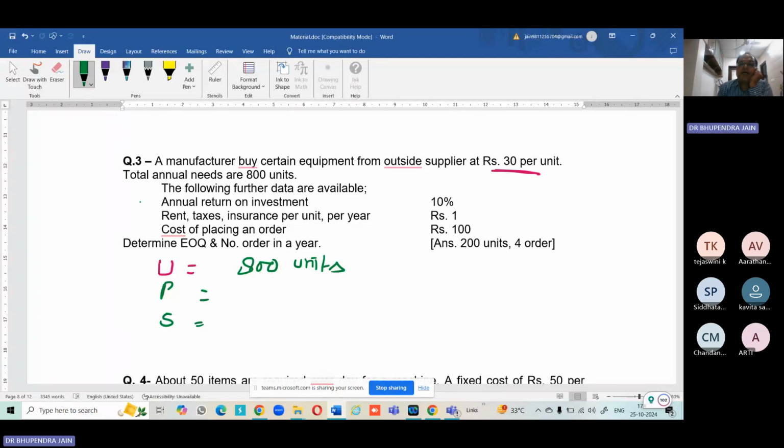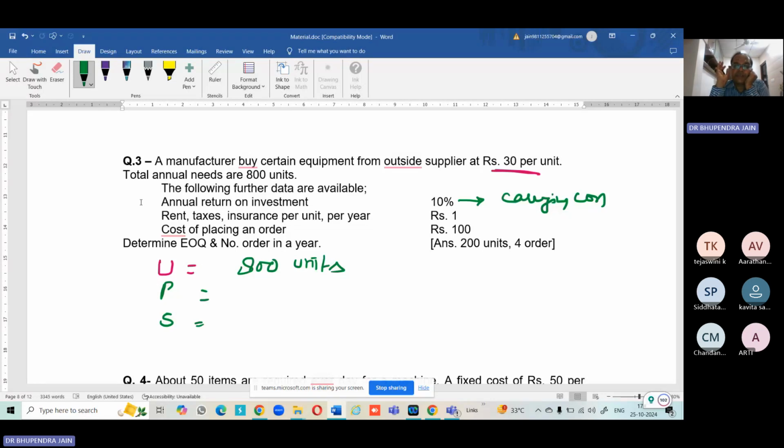The following further data are available. Annual return on investment, this is the carrying cost. You invest the money to purchase the material. If you have the money, definitely you can get some return, some interest.